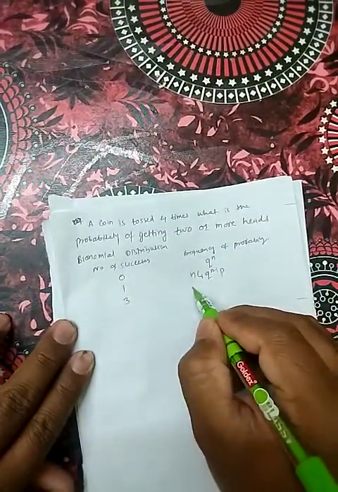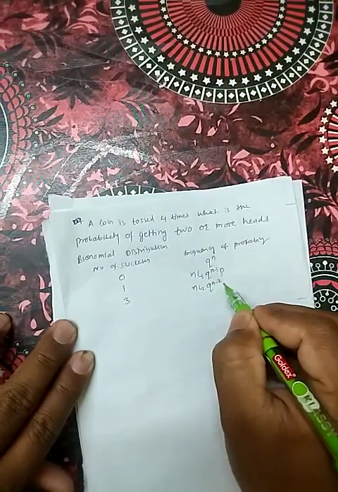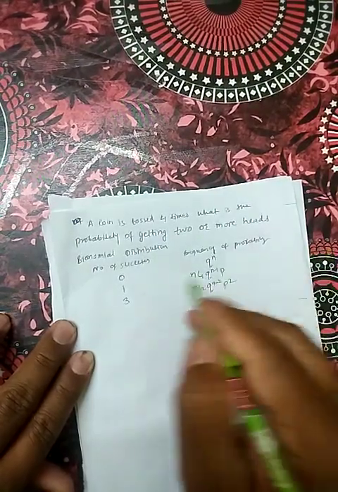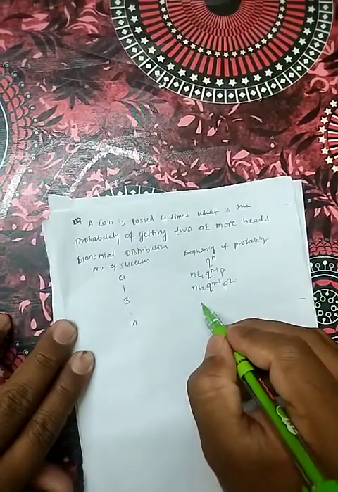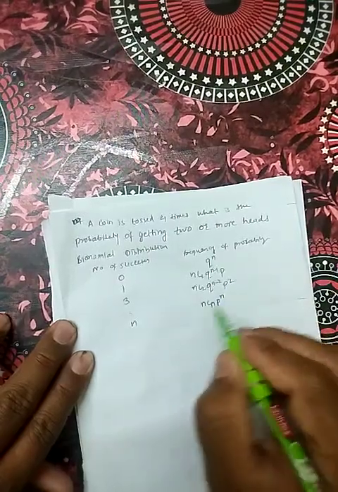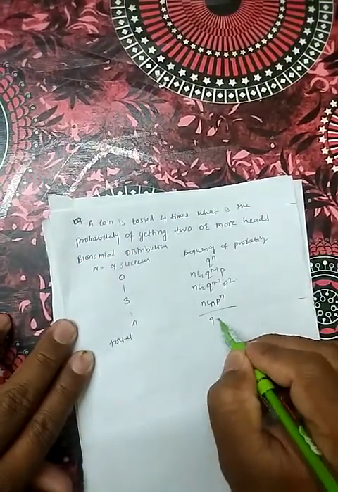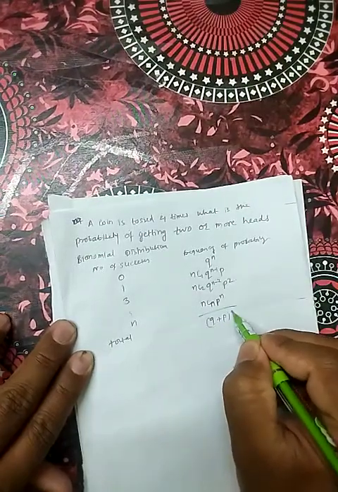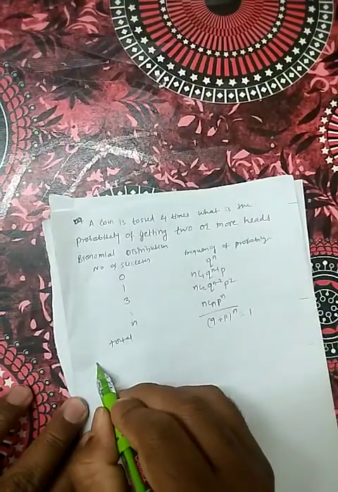For two success, nC2 q raised to n minus 2 p square. So up to n, we get nCn p raised to n. So total is (q plus p) raised to n equal to 1. This is the binomial distribution.